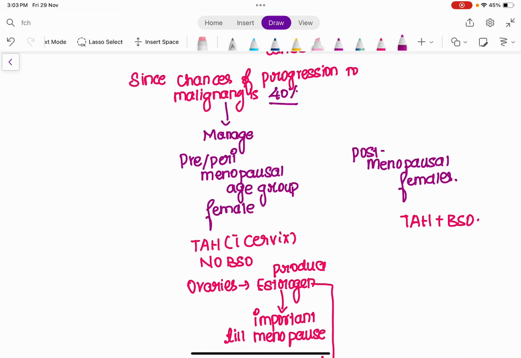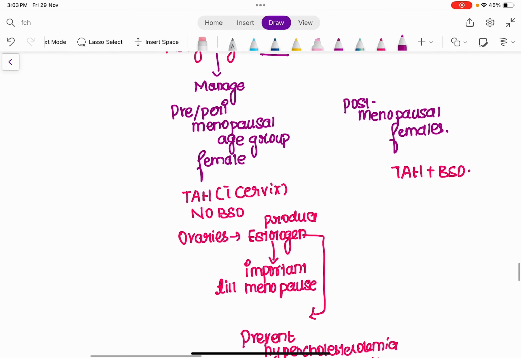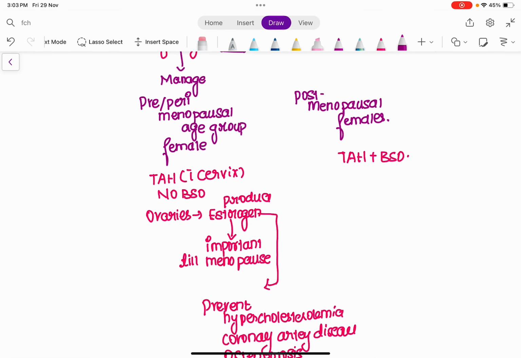Then check the patient's age, whether she belongs to the premenopausal or perimenopausal age group, the period of 4 to 5 years before the attainment of menopause, that is around 47 to 51 years in the Indian population. Right? So that is the perimenopausal age group. In all pre and perimenopausal females, you have to do total abdominal hysterectomy.